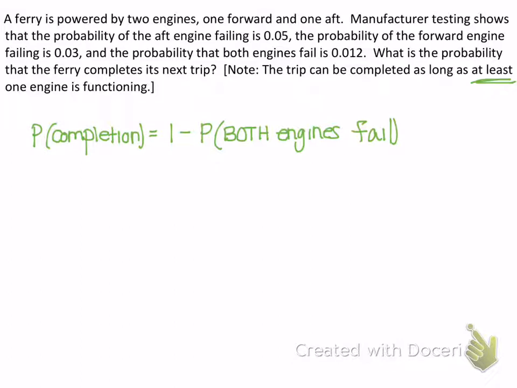So 1 minus not making it is going to equal us making it, so completion. So 1 minus the probability of both failing, which is 0.012 as stated. So the answer is 0.988, the probability that we will complete it, that they both won't fail. So complementary events: completing the trip is complementary to both engines failing.